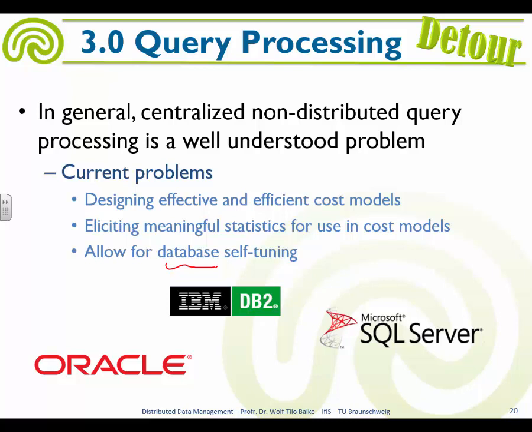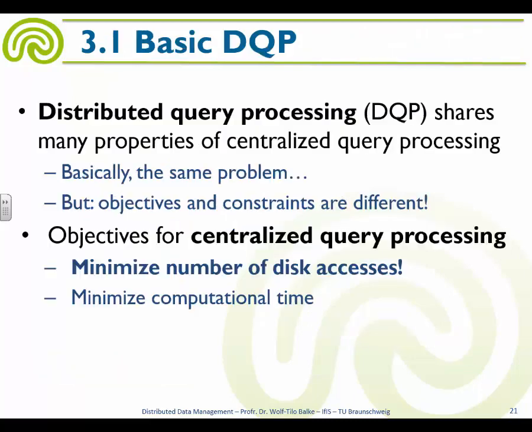Now the question is, how do we do it when we have a distributed environment? Is the problem different or is it the same? What are the challenges? The answer to that question comes now.